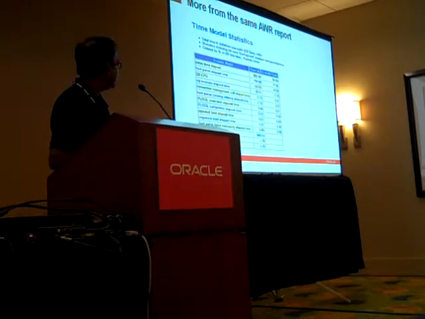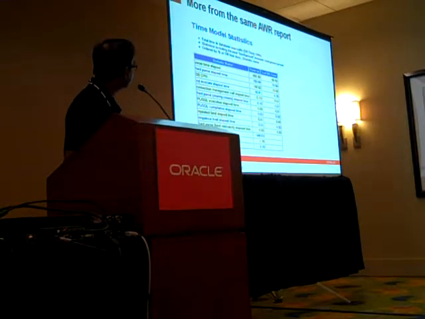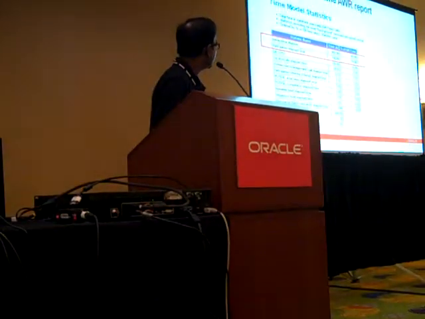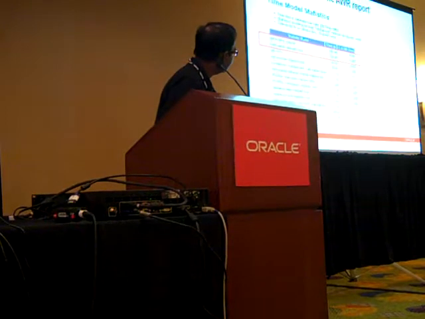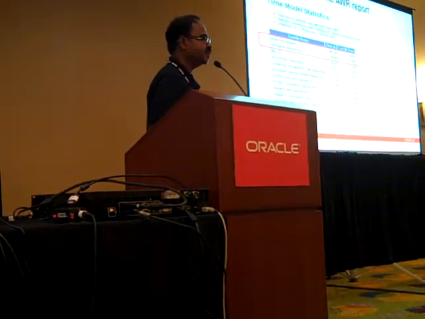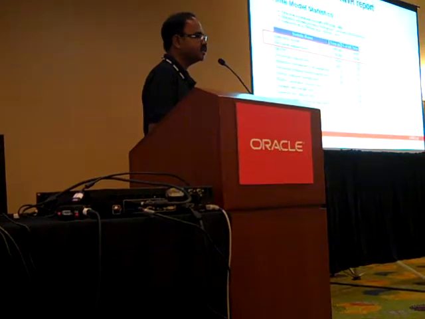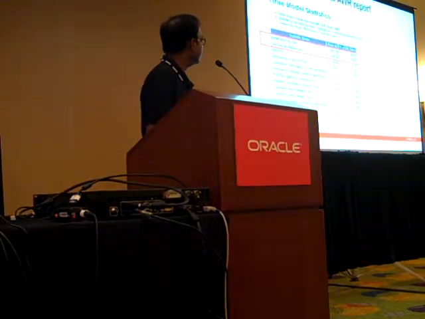And in the time model statistics, you are seeing that the parse time elapsed is taking 90.55% of the database time, and the hard parse elapsed time is 79.96% of the database time. So clearly these are the top consumers of the database time.